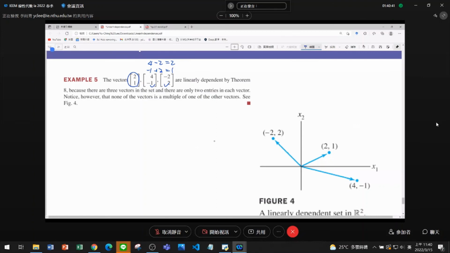So obviously they are linearly dependent. Plus, there are 3 vectors, but we only have 2-dimensional vectors, 3 vectors in R2 space. Then these 3 vectors must be linearly dependent.